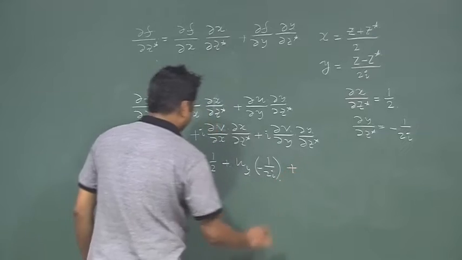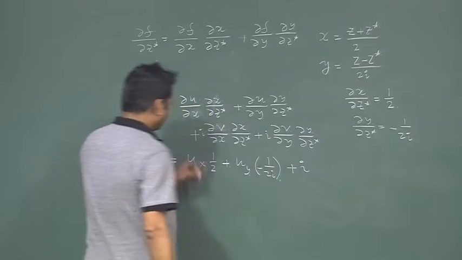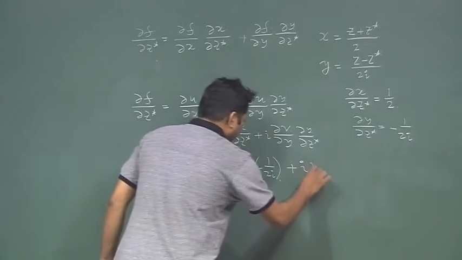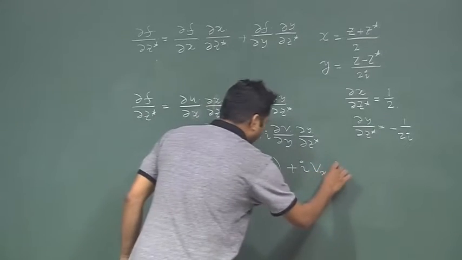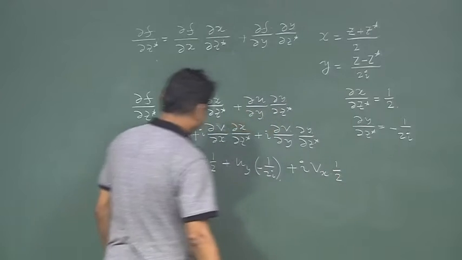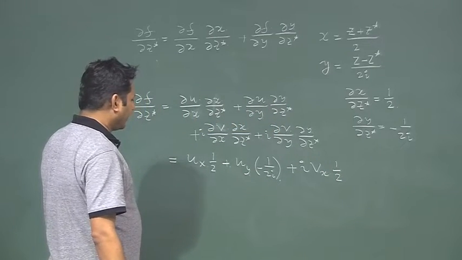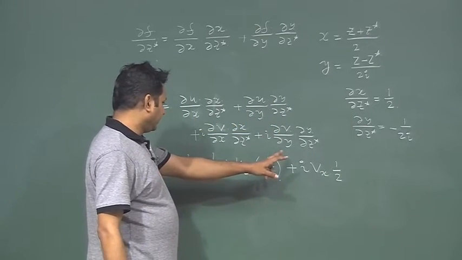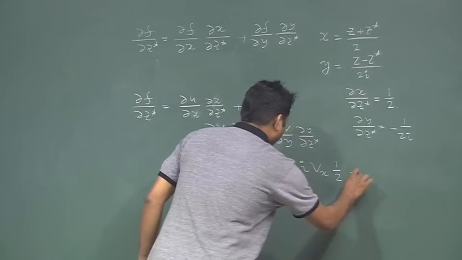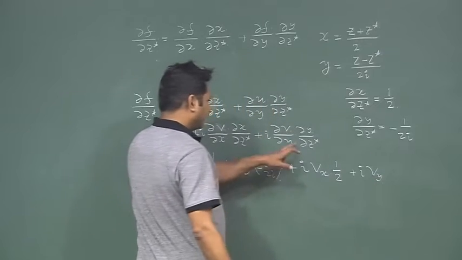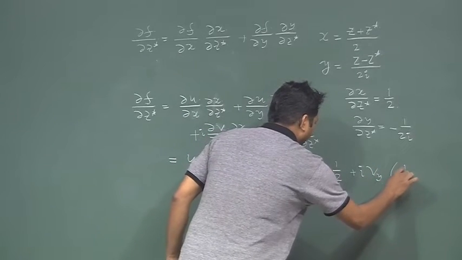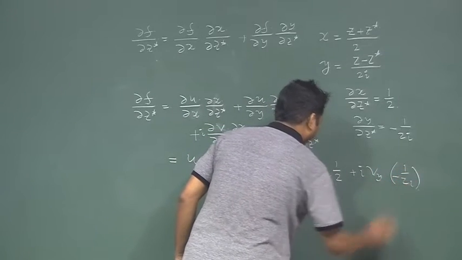Plus i, del v del x is v x. These things again we have half, and another thing is here, which is plus i v y. This is minus of 1 by 2 i.